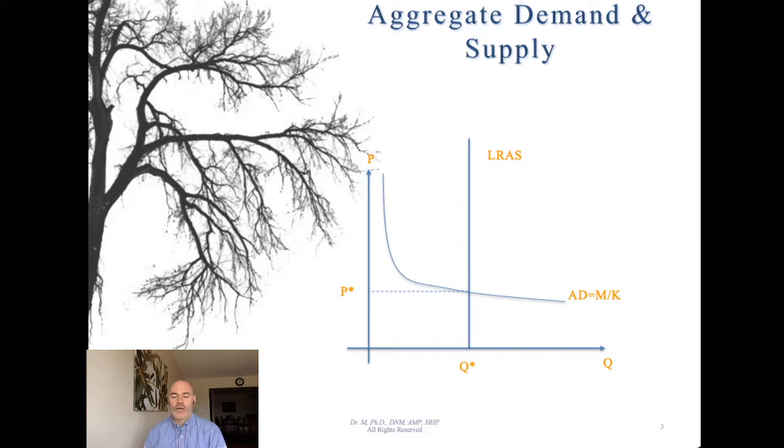It intersects what is called aggregate demand, which we have already considered as money supply divided by cash balance ratio. So you can see the equilibrium that is determining the output, gross domestic product, pointed out with a star, and the price level. That's the equilibrium that you'll find at the intersection of aggregate demand and long run aggregate supply.